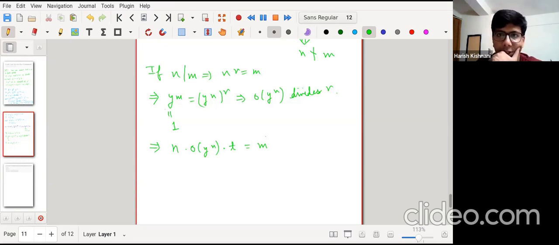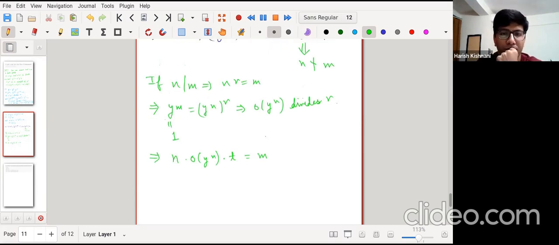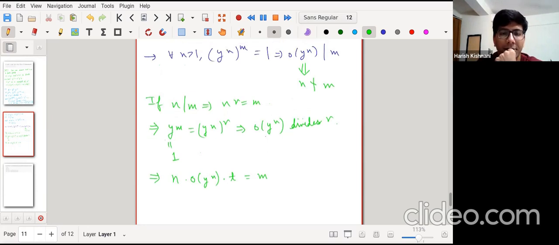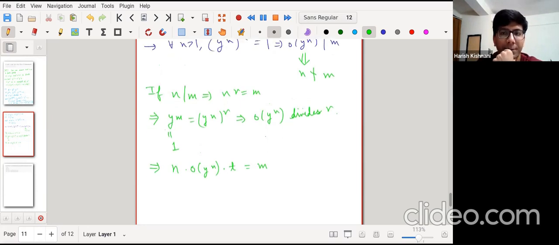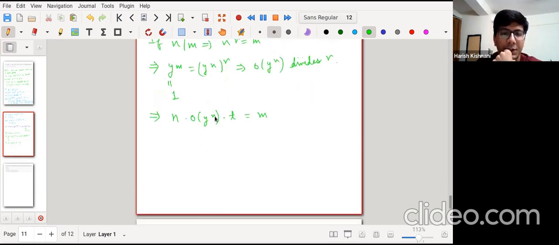So here we are getting the order of y^n is m, but there should be some contradiction. It is dividing m, n is also dividing m. I'm missing something. This should give that it's identity.